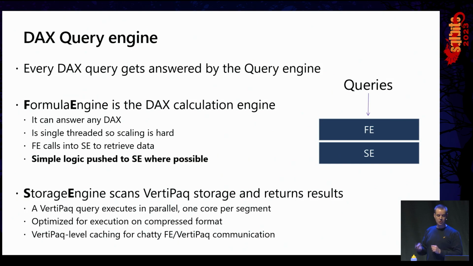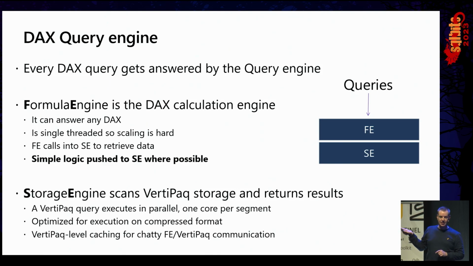Simple logic is pushed down to the storage engine wherever it's possible. The storage engine scans VertiPaq storage and returns results. But if you have DirectQuery mode, the storage engine actually creates SQL queries that get sent down to the underlying data source. A VertiPaq query executes in parallel, 1 core per segment, optimized for execution.